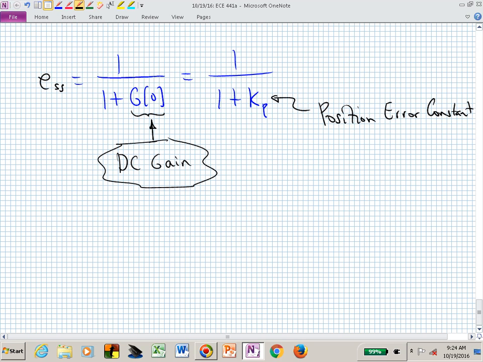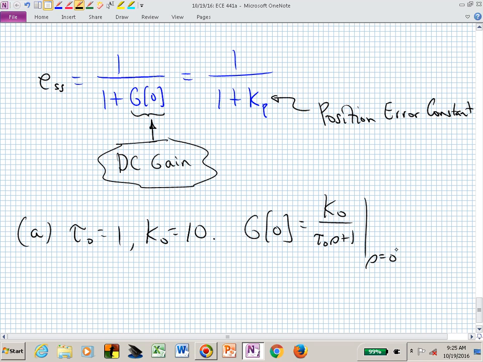In our case, for system A, we had tau naught equal to 1, K naught equal to 10, and the DC gain, or G of 0, is now 10. And what's our steady state error?